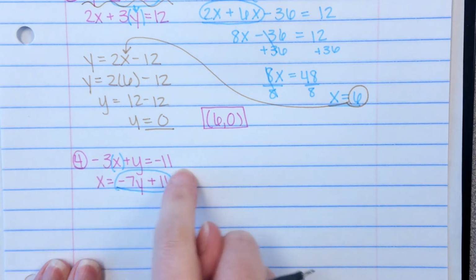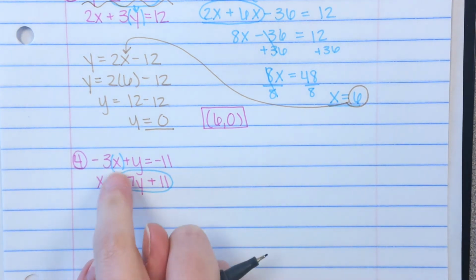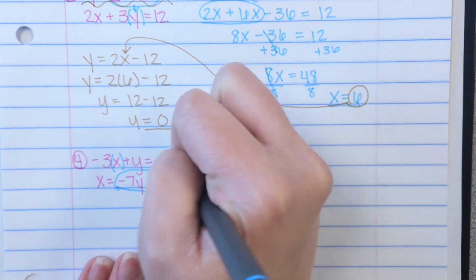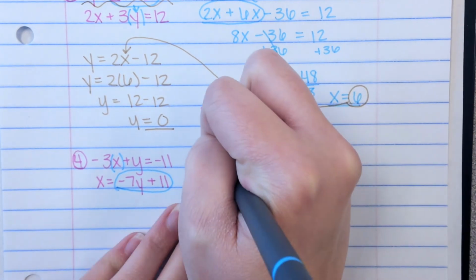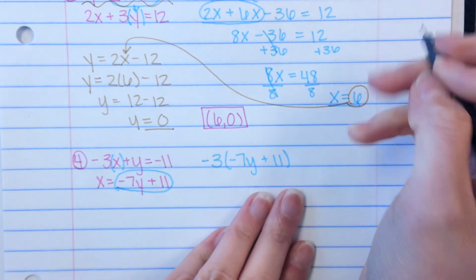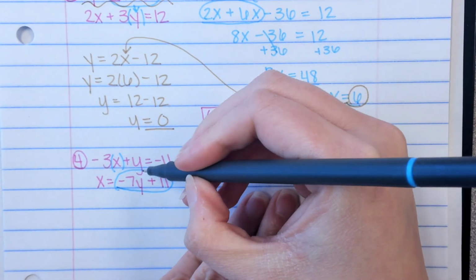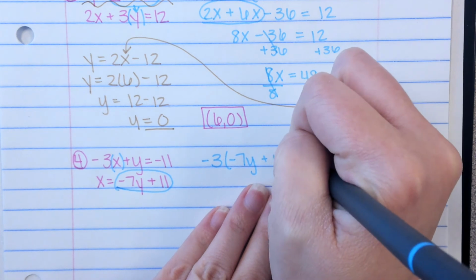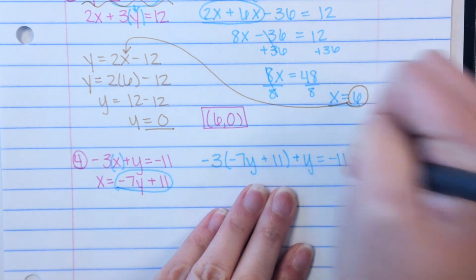Okay, so I'm going to write down this equation that starts with a -3, and when I get to the x, I'm going to put parentheses and this stuff. So -3 times the quantity -7y plus 11, close parentheses. I've still got a plus y equals -11.